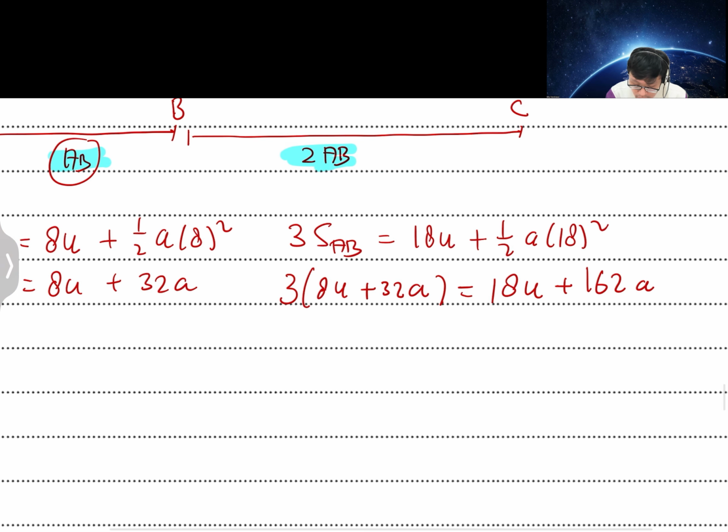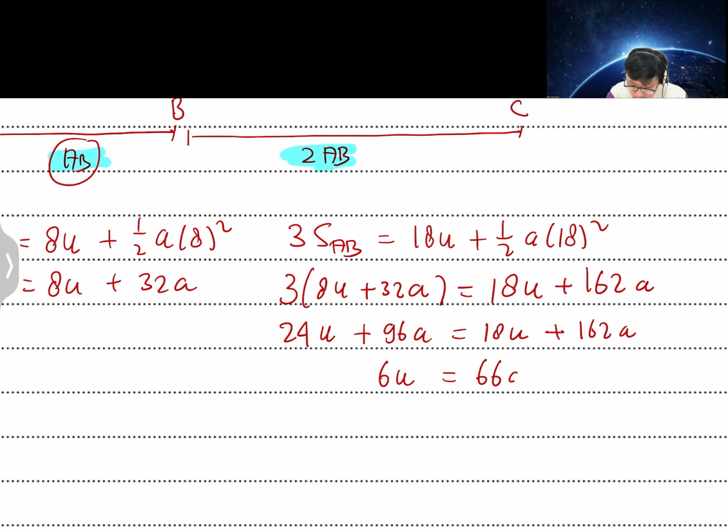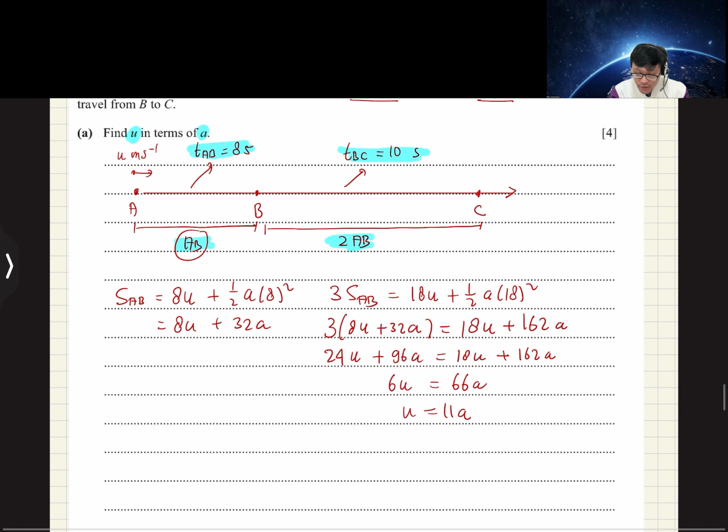And then we can expand: 24u plus 96a equals 18u plus 162a. So we simplify, we get 6u equals 66a. So u equals 11a. That's u in terms of a.